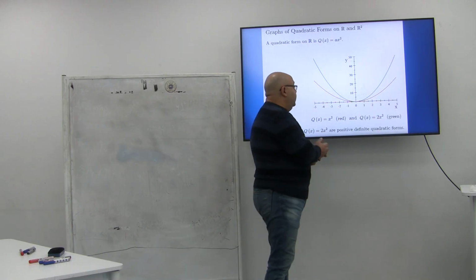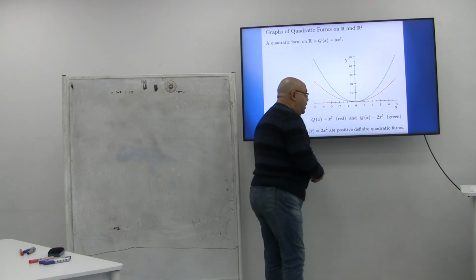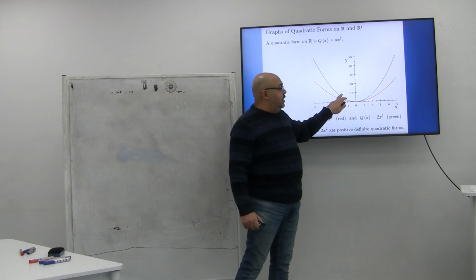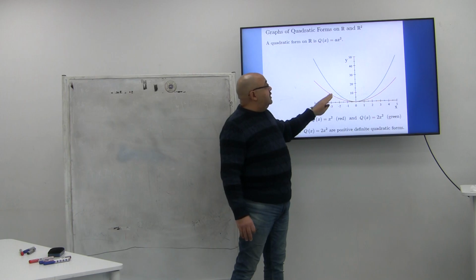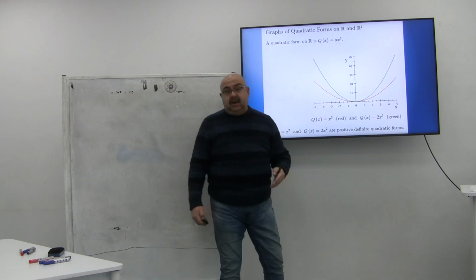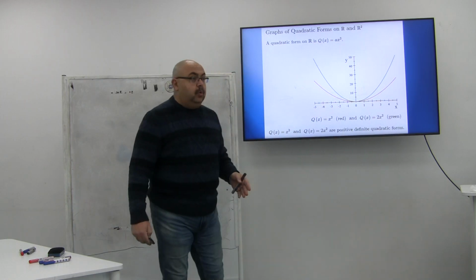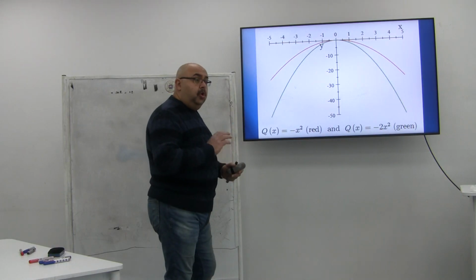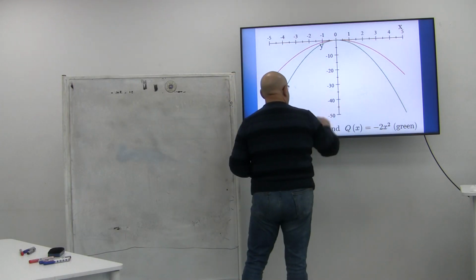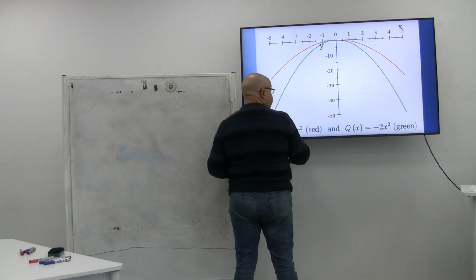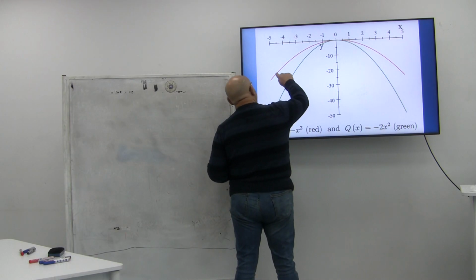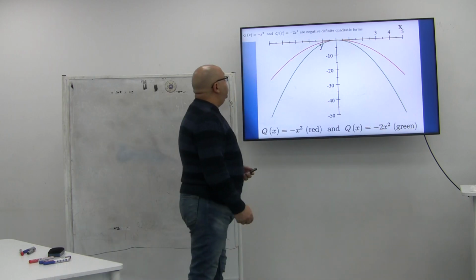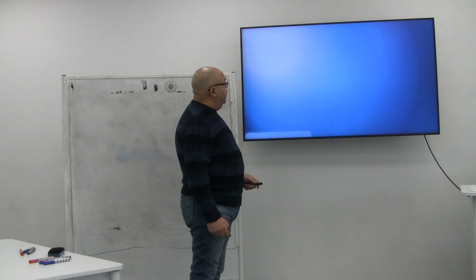So q of x equals 2x squared is the one in green, as you can see, and that's a positive definite quadratic form. That's a negative definite, as you can see. For all values of x, the value of the quadratic form is negative. Once more, this is for negative x squared, and that's for negative 2 x squared. So it's negative definite.